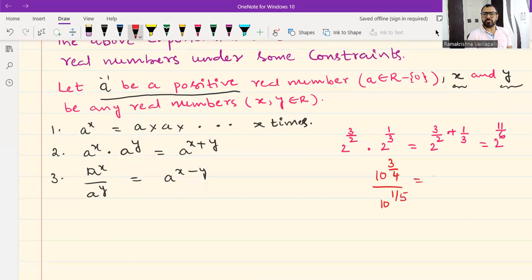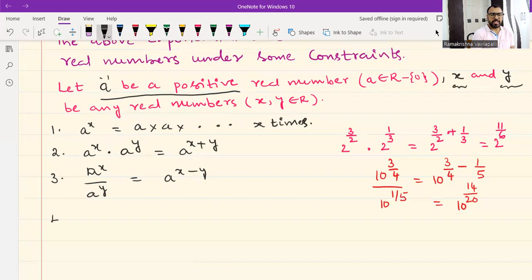So this is nothing but we write 10 to the power of 3/4 minus 1/5. So this gives us 10 to the power of (15-1)/20, that is 14/20. You can simplify it.